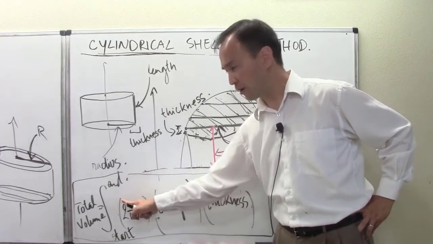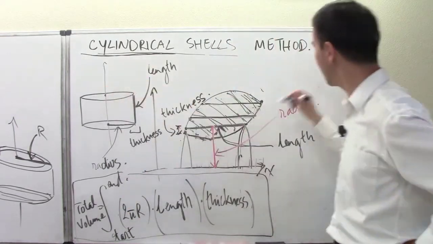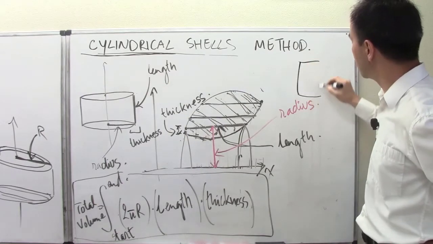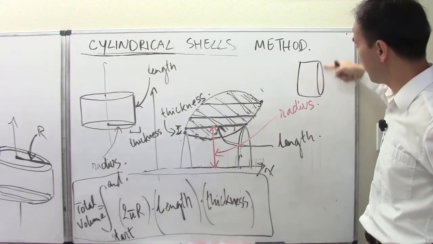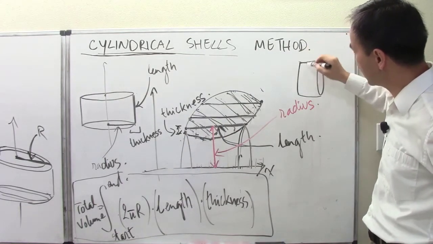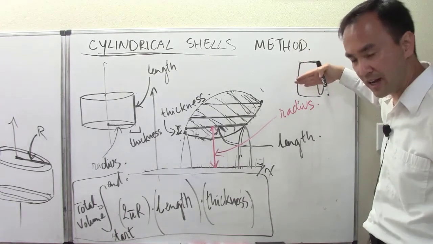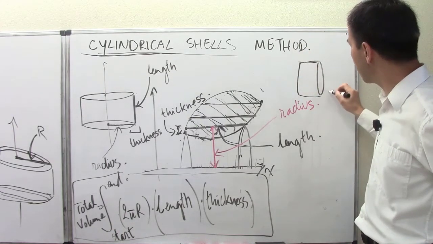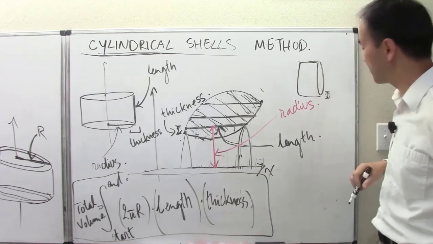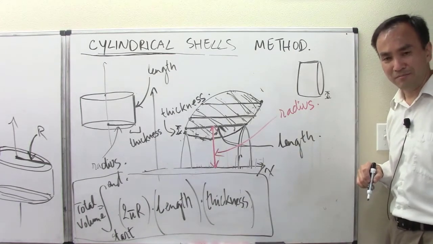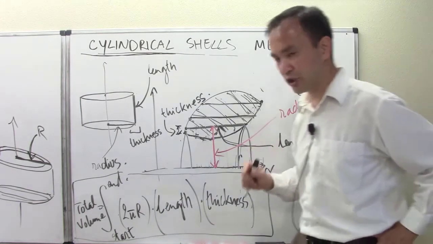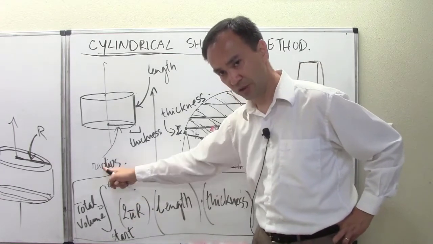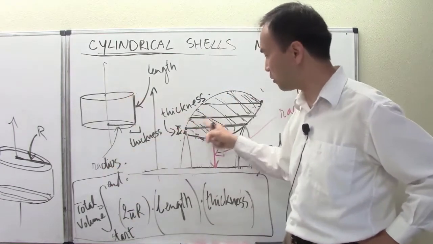Circumference is 2 pi r, multiplied with the length, that's how much lateral area that is, and then we multiply with the thickness. There's always a little bit of thickness there. Then we accumulate all of those stripes from a start to an end, and that's how we obtain the total volume.